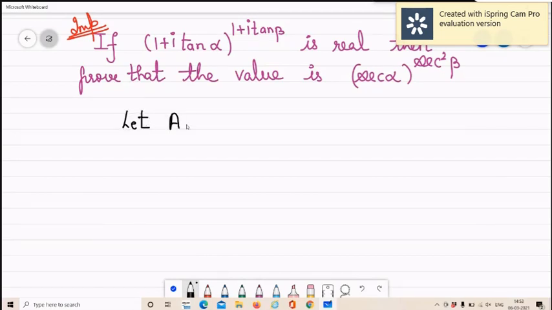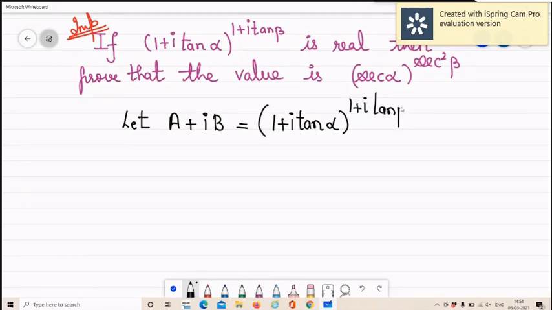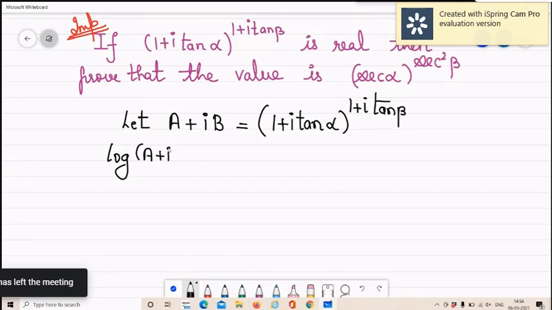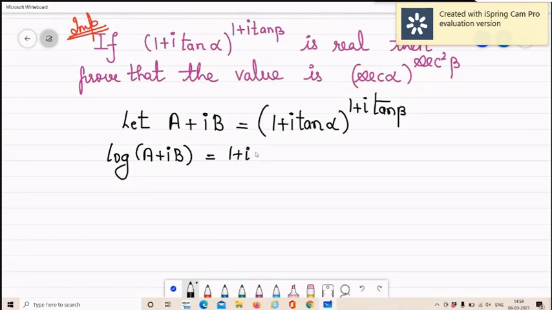So I will name a plus ib as 1 plus I tan alpha raised to 1 plus I tan beta. What are we supposed to do? Because it is complex raised to complex, I am going to take log on both the sides. So because of which I get 1 plus I tan beta into log of 1 plus I tan alpha.